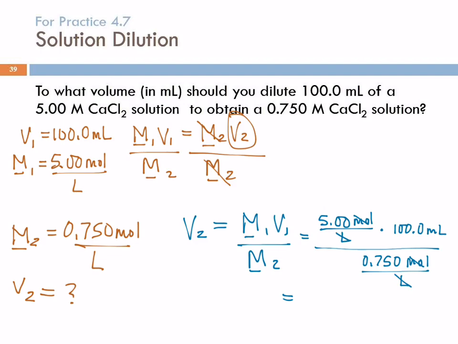So now I've got 5 times 100 divided by 0.75 equals, oh, there's a scary number, 6.66666666. Just keeps going. How many sig figs should we have? 3, right? So that's going to be 667, and what's the unit? Milliliters.